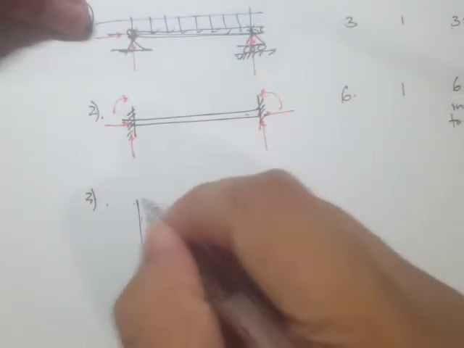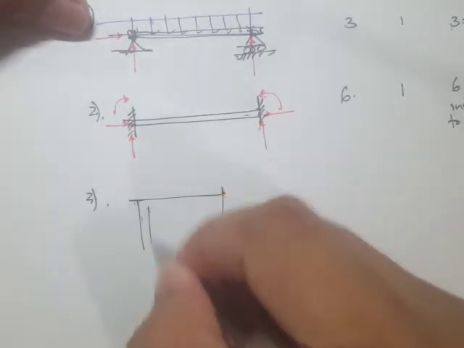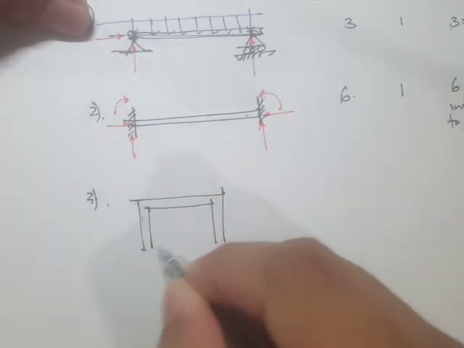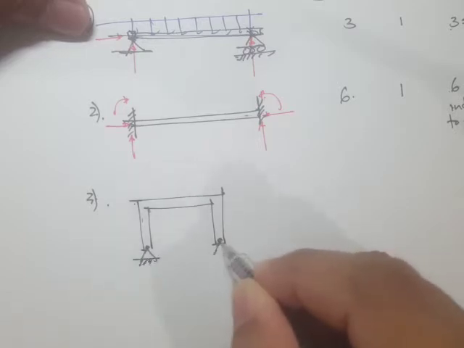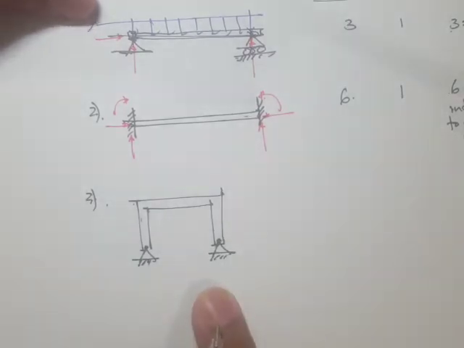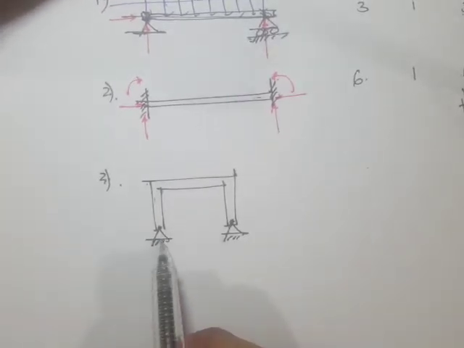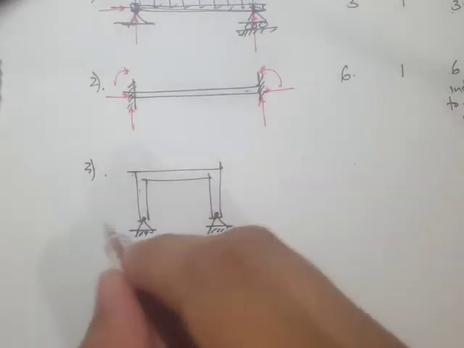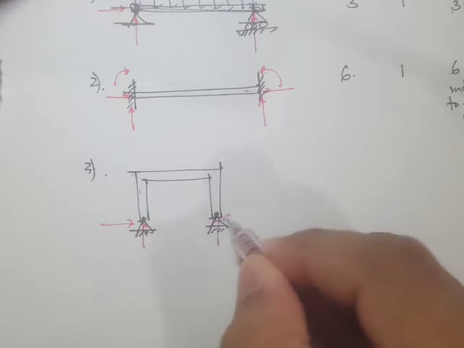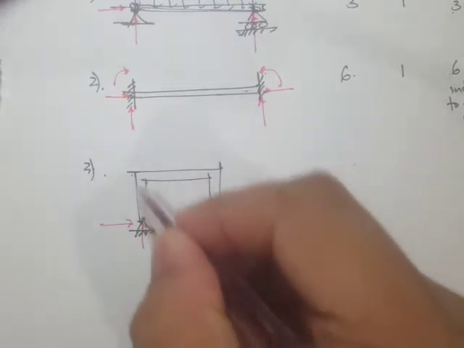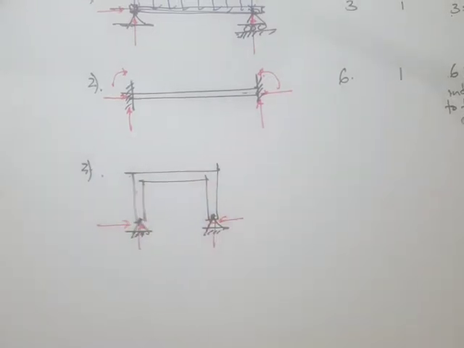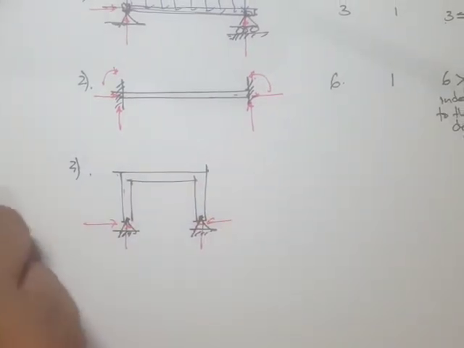The next one, let's say we have something like this. We have a frame. If we have this kind of frame, you would notice that we have 2 reactions right here, so this is 4, and if this is 1 member, then that's indeterminate.